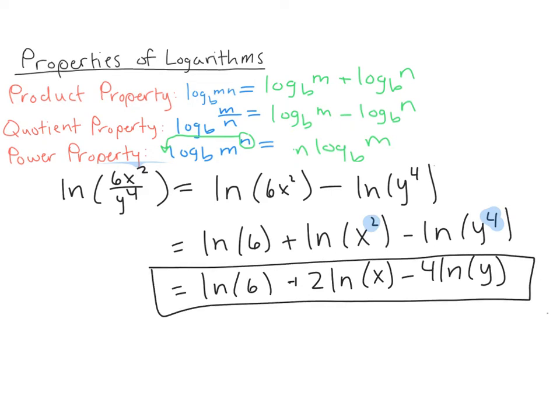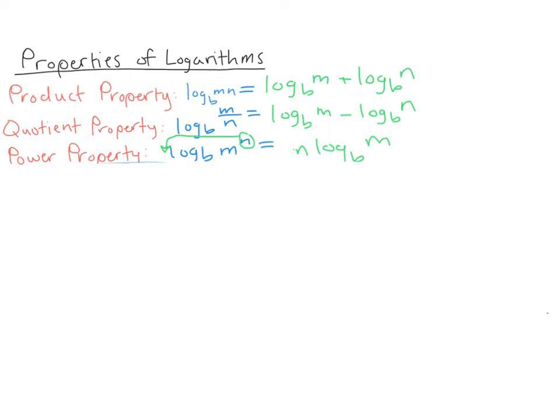Okay? Fully expanded. Now let's do one last and final one, and then what I'm going to encourage you to do is we're going to flip this on its head, and now we're going to go from expansion to condensing, okay? But let's do one more example first. Let's try this one.